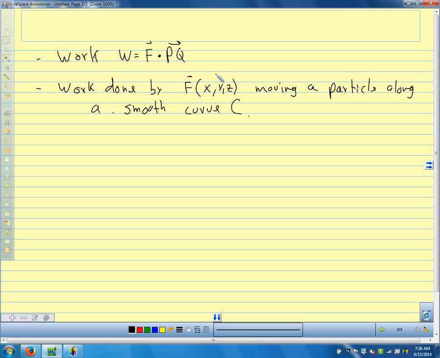And the curve isn't necessarily straight. So what we're going to do is draw a picture to describe this. This will get us to our idea of a line integral on a vector field.